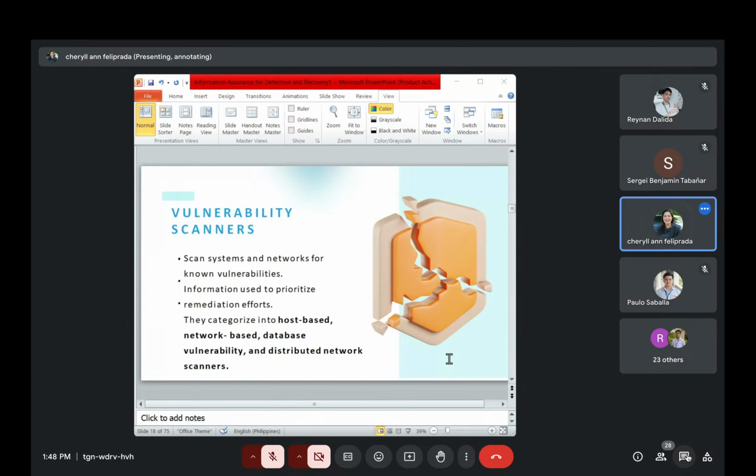While database vulnerability scanners examine authorization, authentication, and integrity of the database, the distributed network scanners analyze distributed networks in large organizations spanning geographic locations. It consists of remote scanning agents.